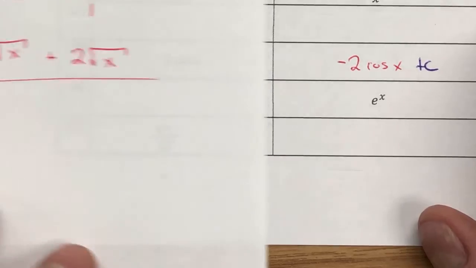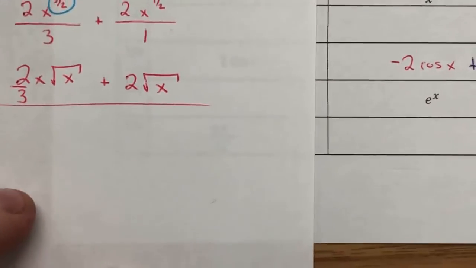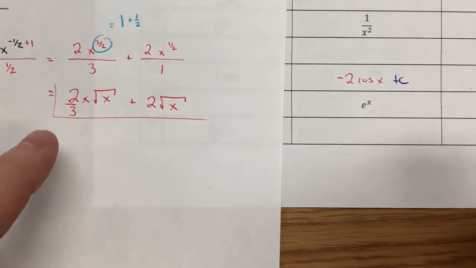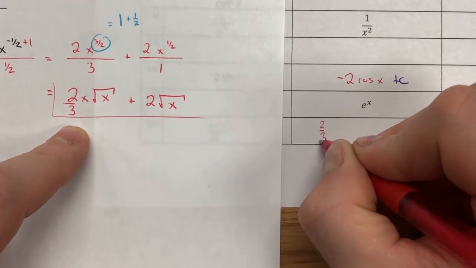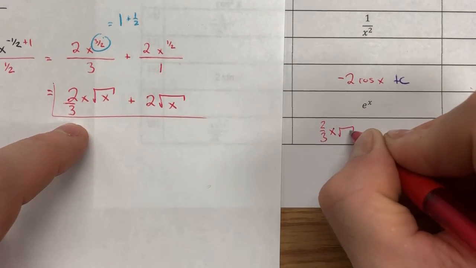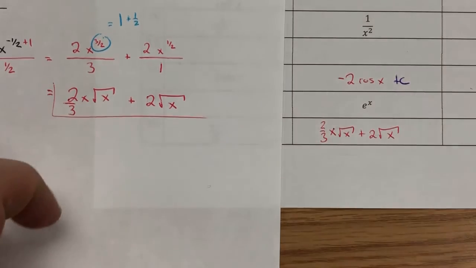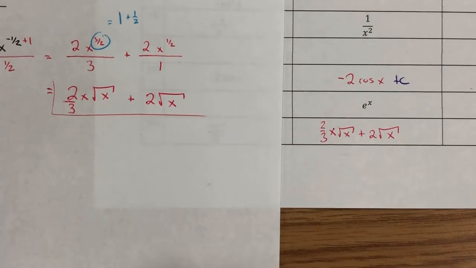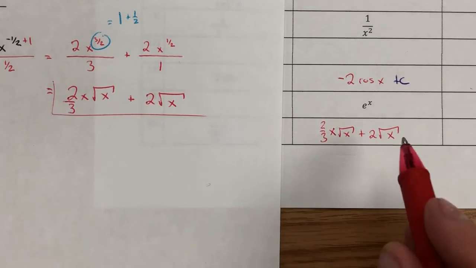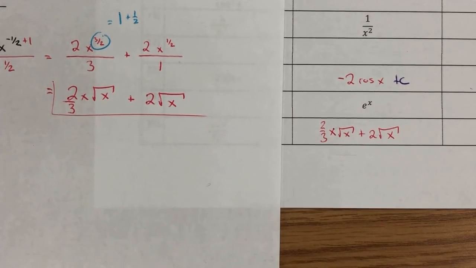Let's copy that down onto our sheet right here. Oh, I'm a little too close. So it's going to be a 2/3 x root x plus 2 root x. If you wanted to combine that all back into 1, you could, but I think that's good enough.